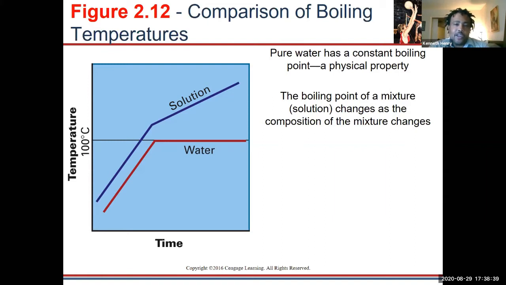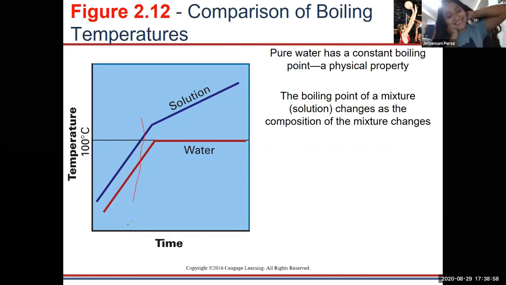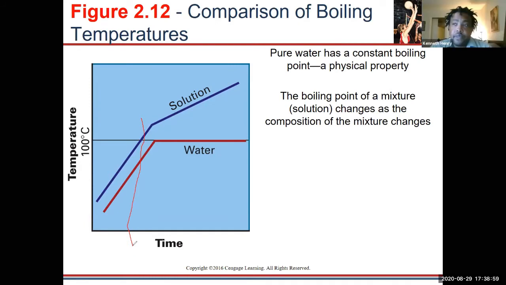So the reason why we put salt in pasta is for two reasons. One, if you take a look at this, this is the case with water with salt. Water boils at 100 degrees Celsius. So it's not that it actually boils faster, right?